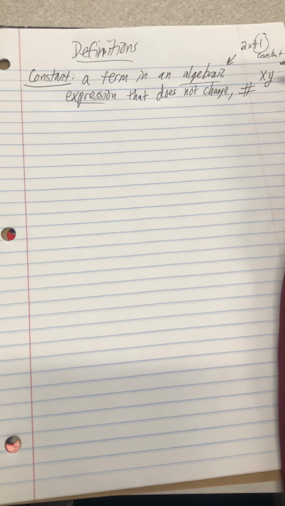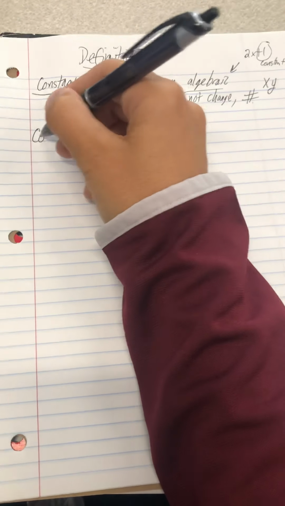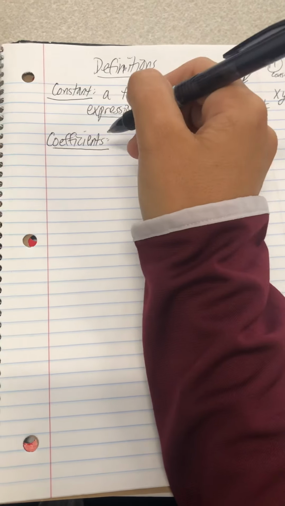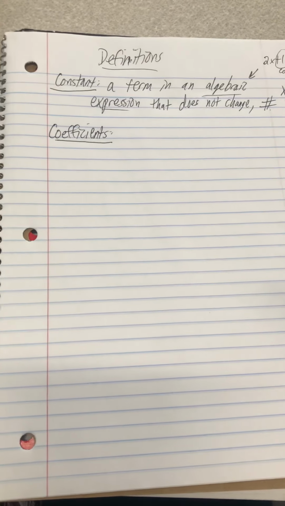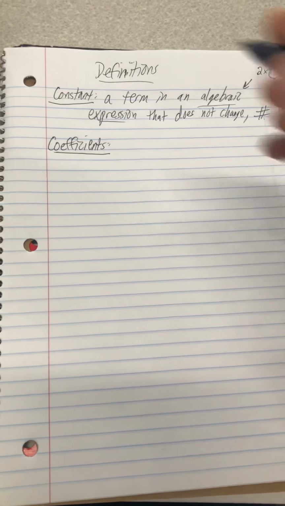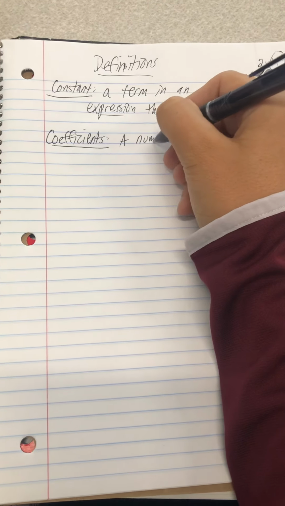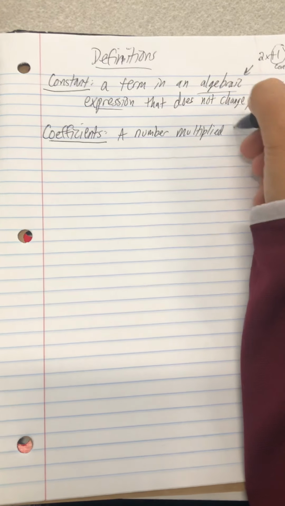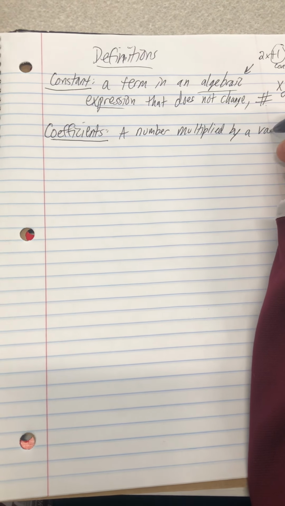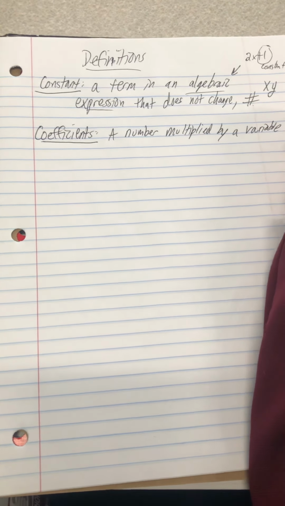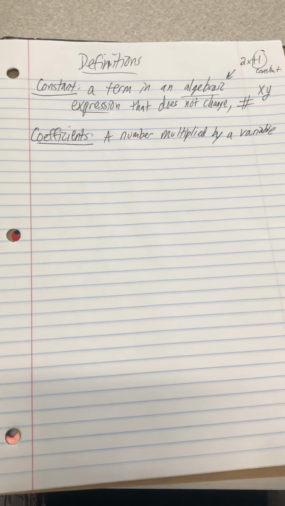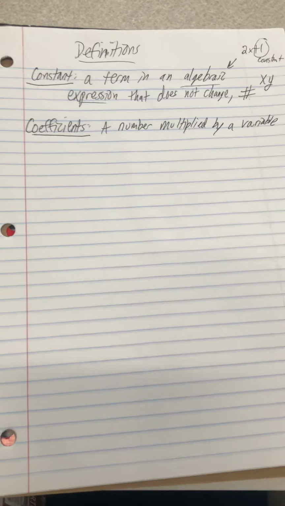So there you go. So a couple other things to talk about is coefficients. Again, these are going to be words that we're going to be using this year. You need to get used to talking about it. So a coefficient is a number multiplied by a variable. So remember, with multiplication, if there are two numbers, two variables, a number and a variable next to each other, it means being multiplied.